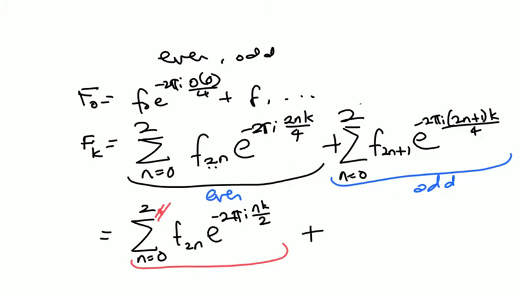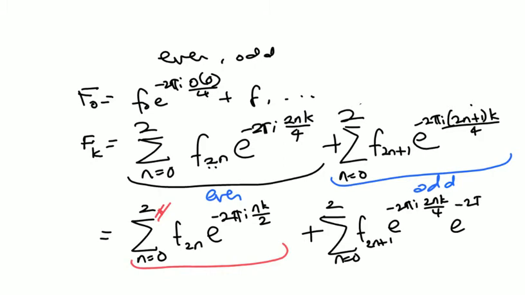Now let's continue. Last, the odd sum, n equals 0, now f_2n plus 1 e to the minus 2 pi i. I'm going to split this part apart. So this will become 2nk over 4, and then we have another e to the minus 2 pi i, and then we have k over 4, right?